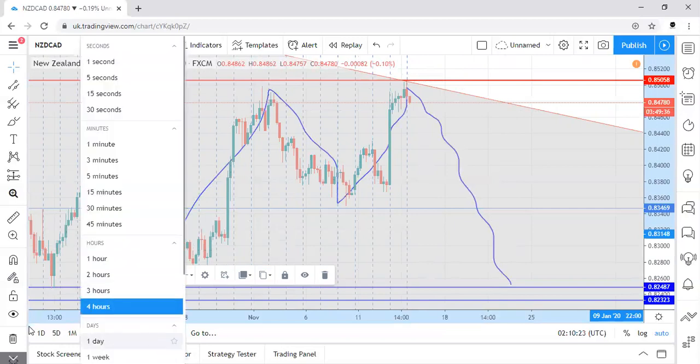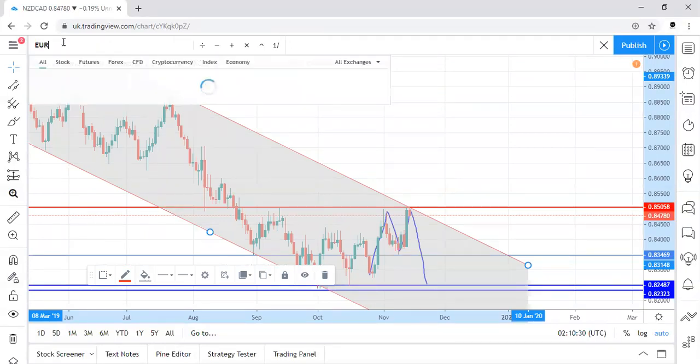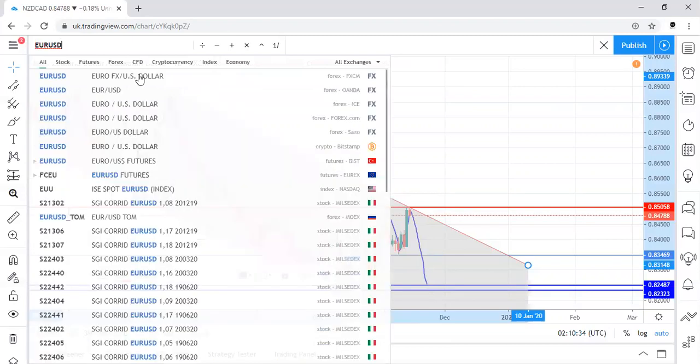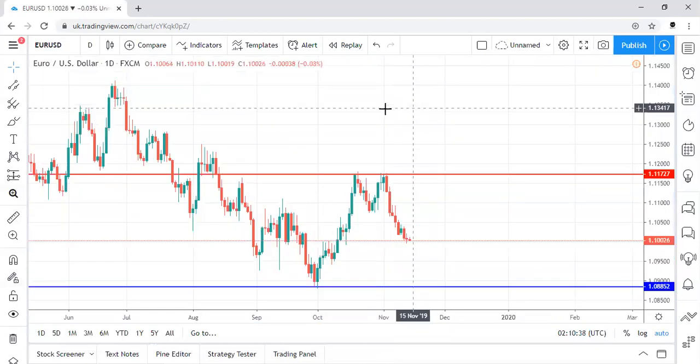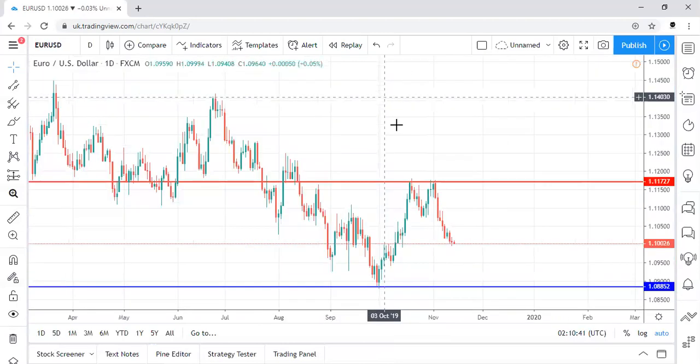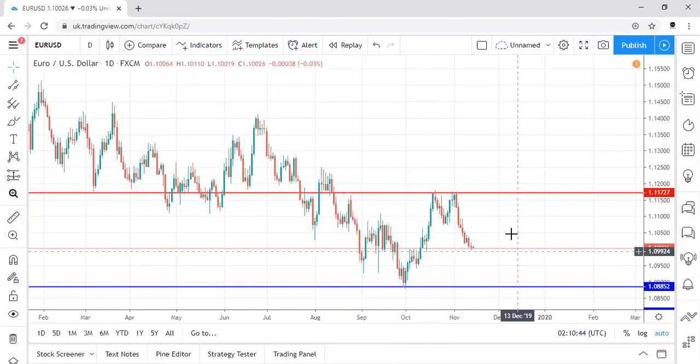Okay, now let us go to another one. Euro USD. I've been tracking this one for some time now. Also, I'm on a sell trade here.